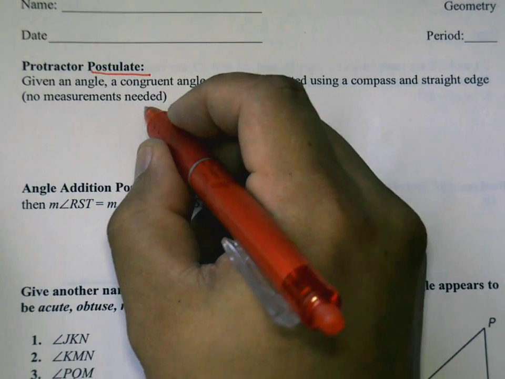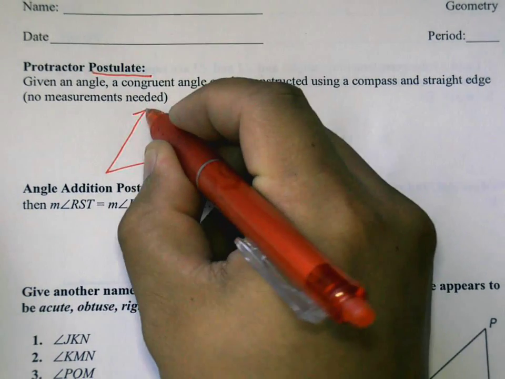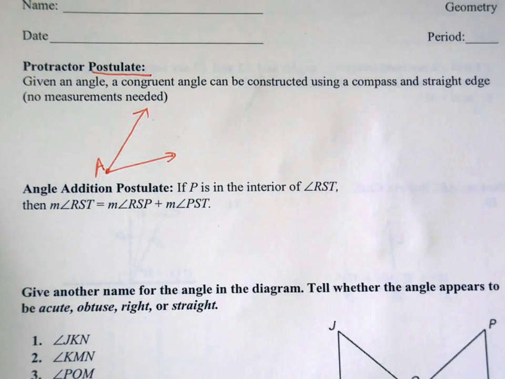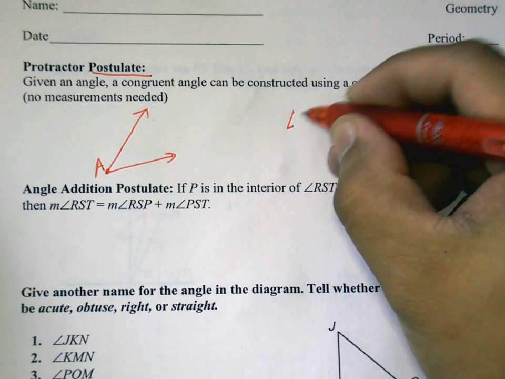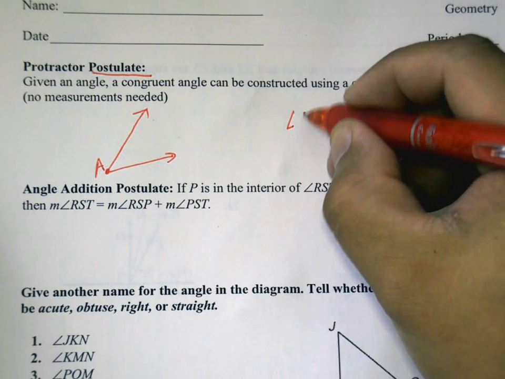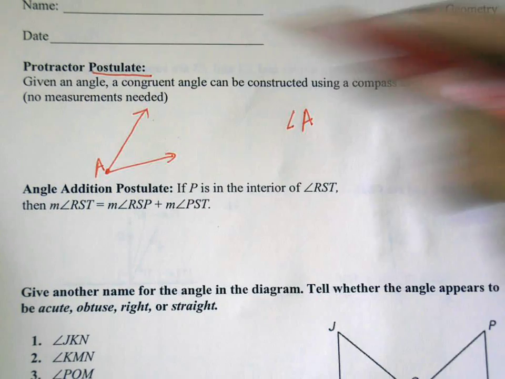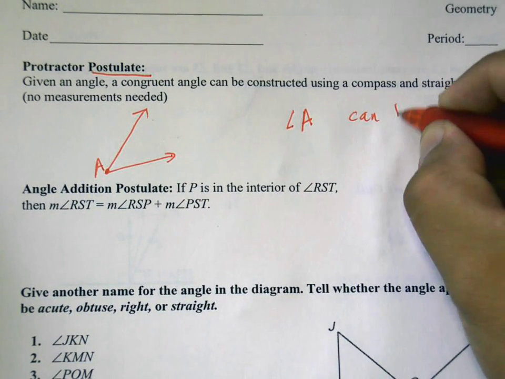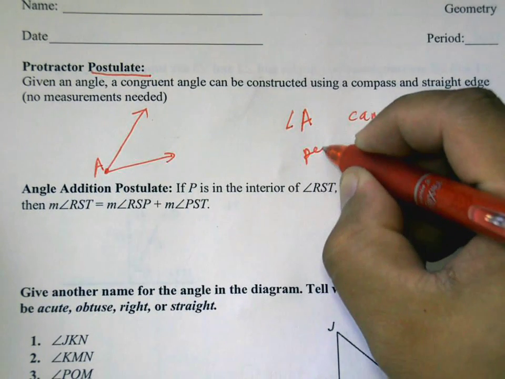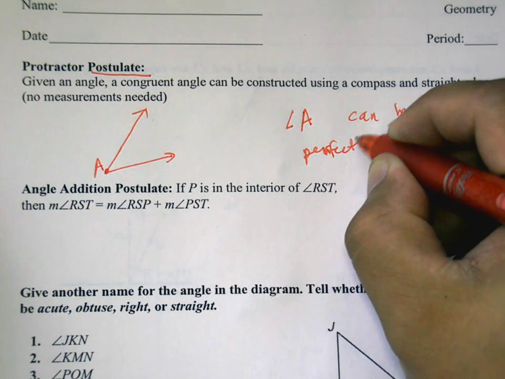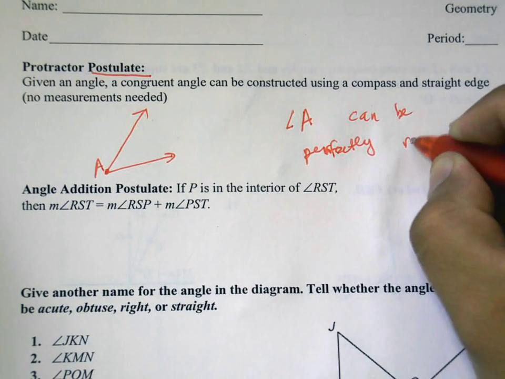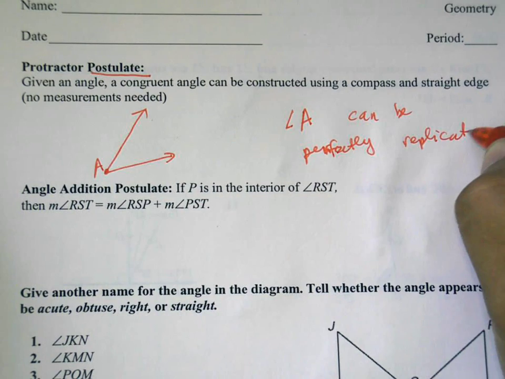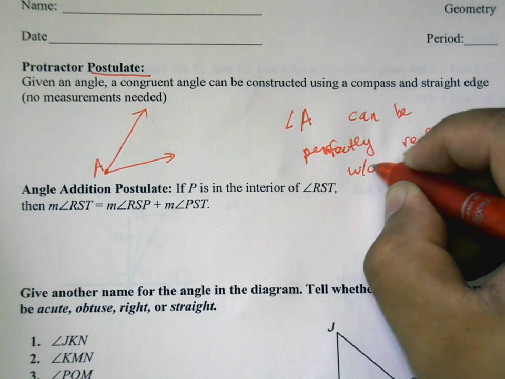and a straight edge. So that means if I make some sort of angle here, and we call this angle A, it doesn't matter what the measure of this is. This postulate says that angle A can be perfectly replicated without making any measurements.